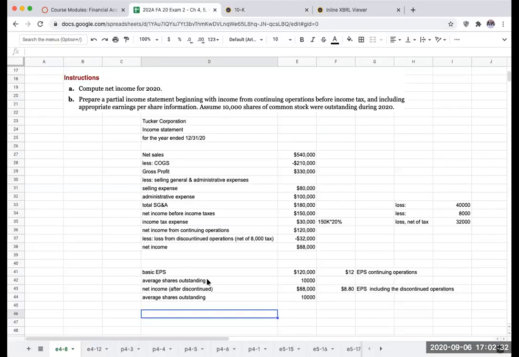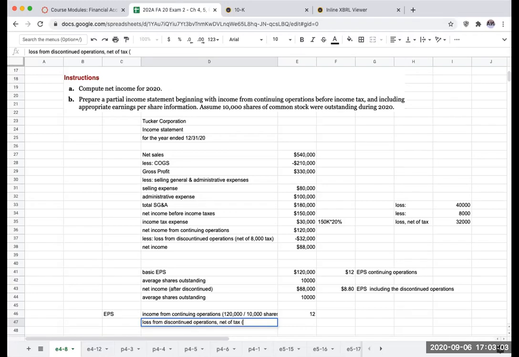So we'll have our income from continuing operations, and this would be 120,000 divided by 10,000. This is our earnings per share, or 12. Basically, we'd have a loss on discontinued operations net of tax.